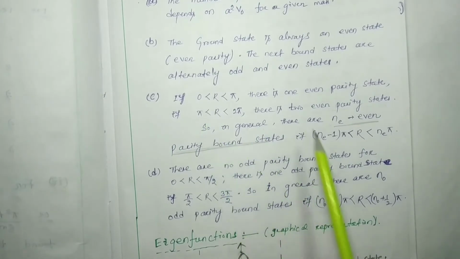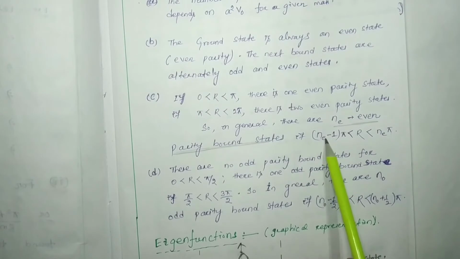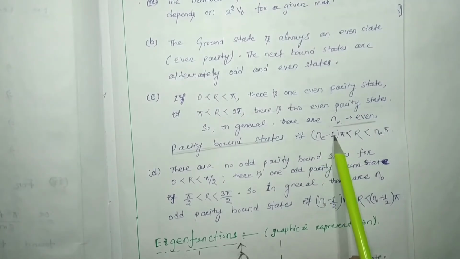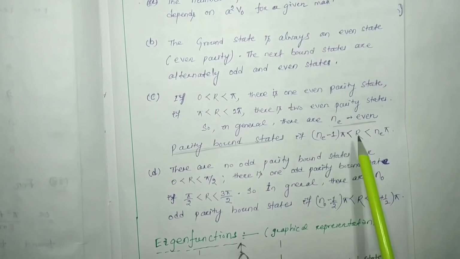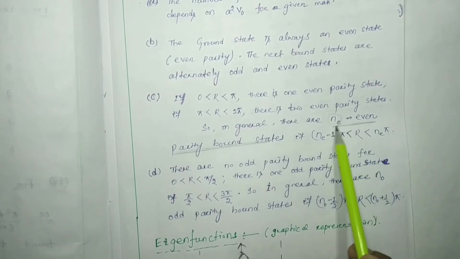two equations, you can write: (NE minus 1) pi less than r less than NE pi, where NE is the number of even parity states.